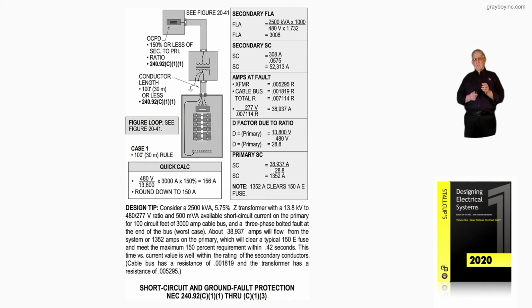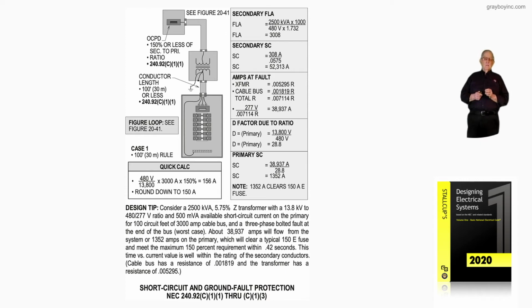Now, off of the secondary, we're going to make this transformer secondary tap with transformer secondary conductors over 25 foot up to 100 foot to comply, to start with 240.92(C)(1).